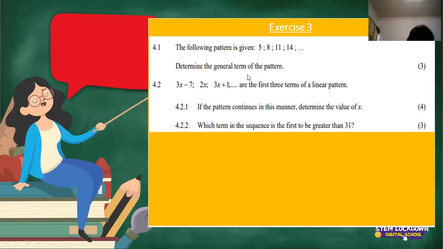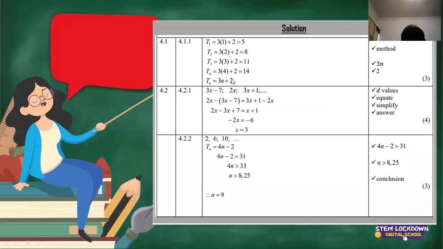So we're going to have 5 minus 3 plus 3n. 5 minus 3 is 2, then 2 plus 3n. So we're going to have 3n plus 2. That'll be our general term. So 3n plus 2 is our general term for the sequence.